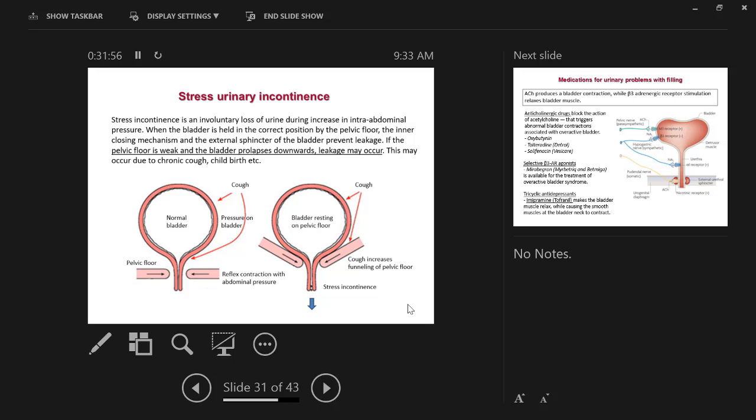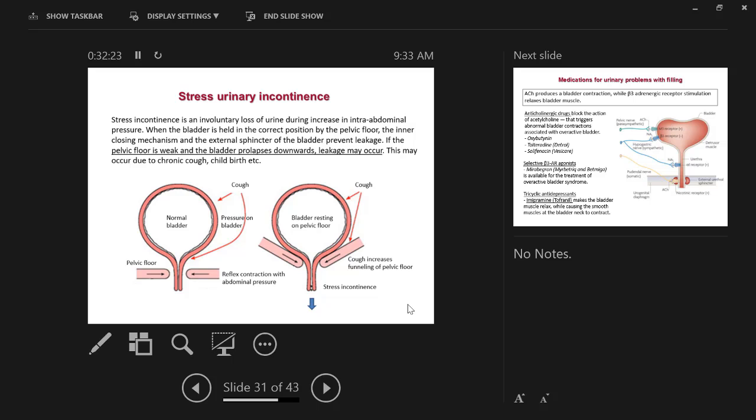Then, for example, if someone coughs, the pressure inside the abdominal cavity goes up, so that can move the bladder all the way down. But the pelvic floor at the same time can narrow this space. That prevents urine leakage from the bladder.